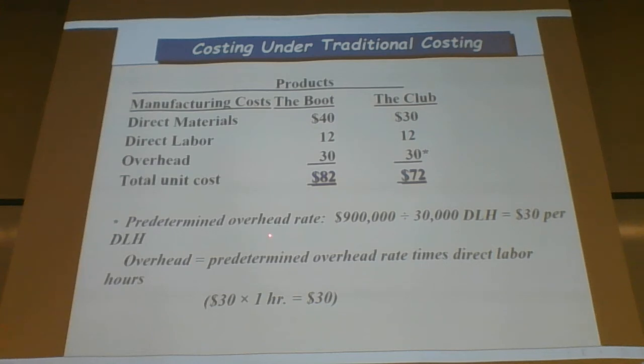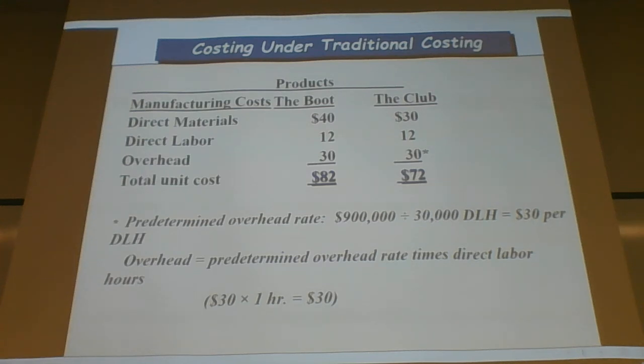Our predetermined overhead rate using direct labor hours, we took the $900,000 total overhead cost and we simply divided by the 30,000 direct labor hours. Remember, we made 30,000 units. Each unit takes 1 hour to manufacture. So we came up with a $30 predetermined overhead rate based on direct labor hours.